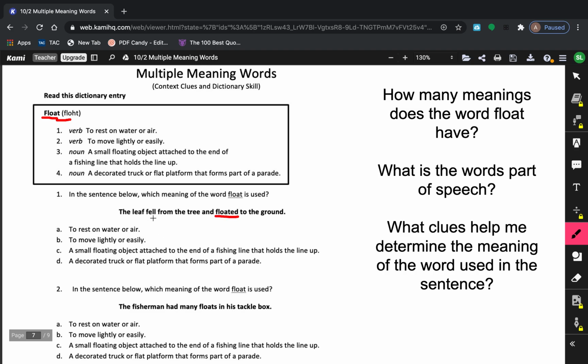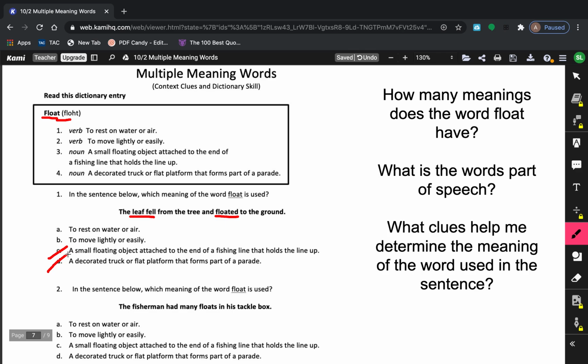If the leaf is falling from the tree, that means it is going in a downward direction. I know that when the suffix ed is added to a word, it is used as a verb. So I can automatically cross out definitions 3 and 4 because the word is not being used as a noun. It is being used as a verb.